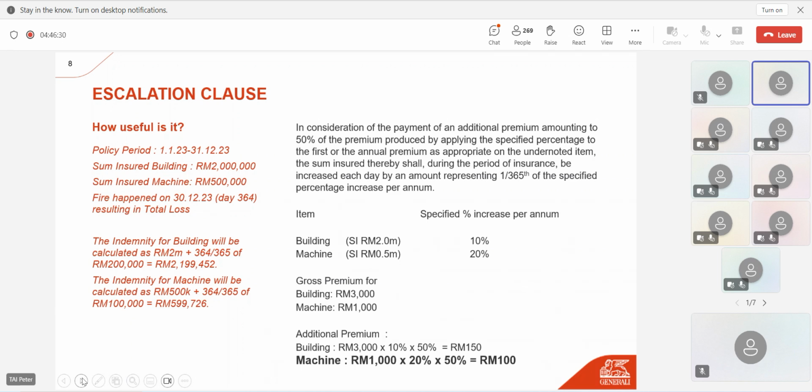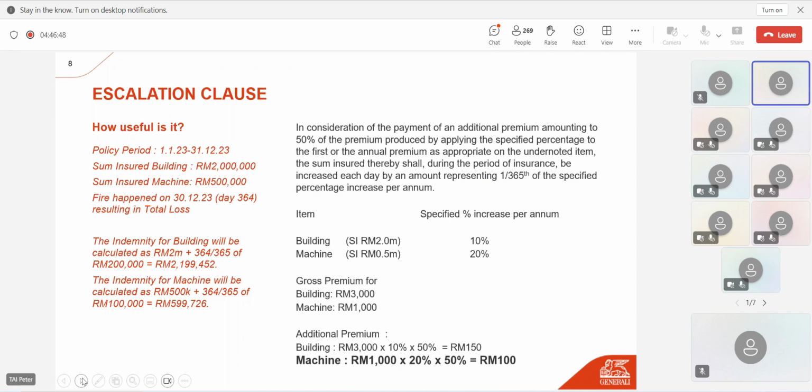How much can your customer get if they have an escalation clause down here? So this is how you get. He can claim 2.199 million for the building, and he can claim 599 for the machine.